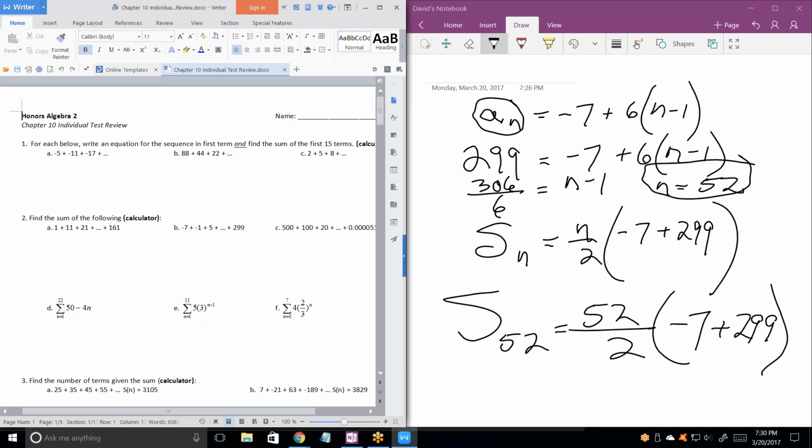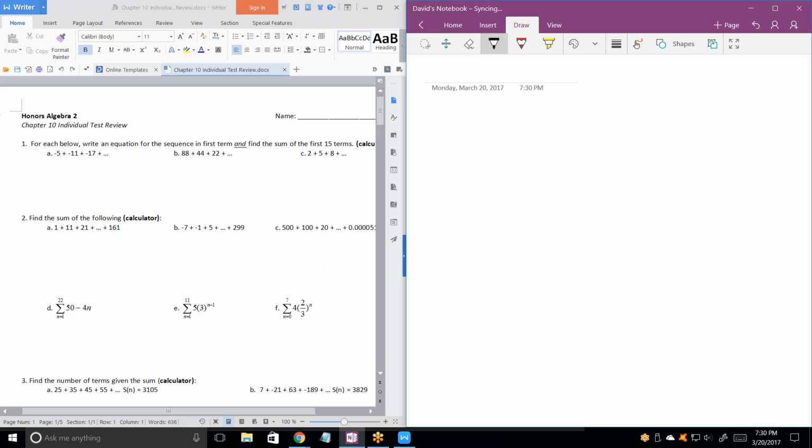All right. 2C. Arithmetic or geometric? Geometric. Okay. Now, what's the general formula for the sum of a geometric? I'm going to write it down here because I need to know what I need to know. It's the first term, a sub 1, in parentheses, the multiplier.